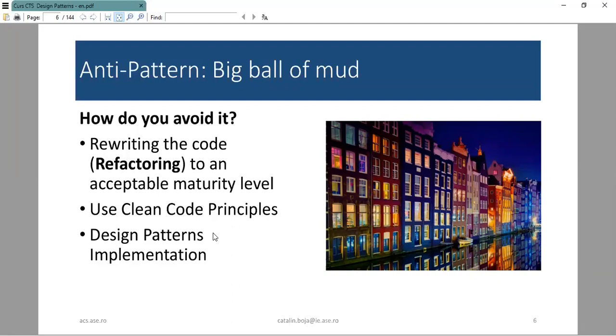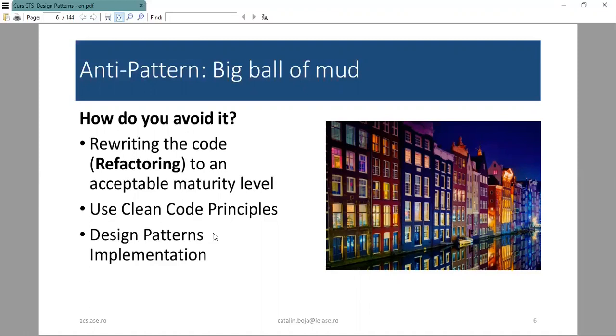Until this moment we talked only about refactoring methods, but design patterns, you will see, are actually elegant or clean solutions to manage a class, its scope, its functionality, seen as a broader image. You don't care about the details, you cover the functions by clean code principles, and now you want to cover the class itself in order to make it cleaner. And for that, we will have design patterns.